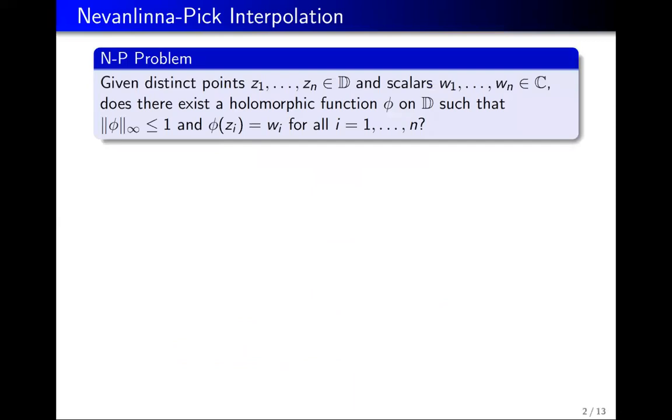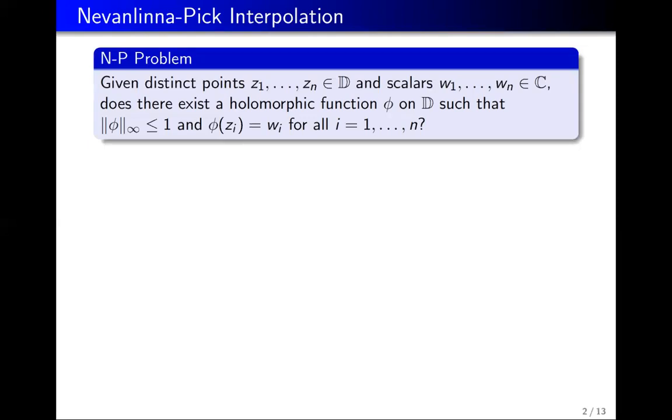So it's called the Nevanlinna-Pick interpolation problem, and it asks that if you take n number of distinct points in D. So here in this talk, this D always will be referred as the open unit disk. So you take n number of points, Z1 up to Zn, they are all distinct, and you take scalars W1 up to Wn, they could be the same, though.